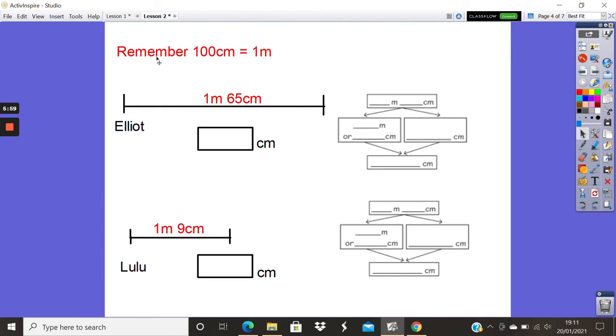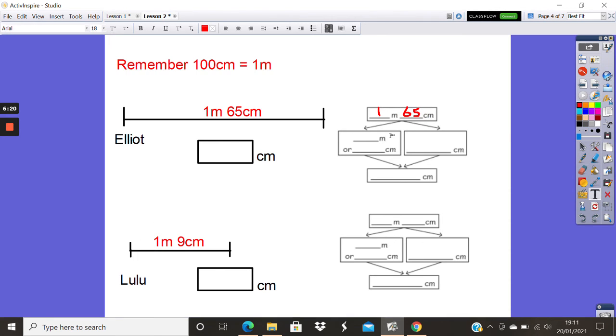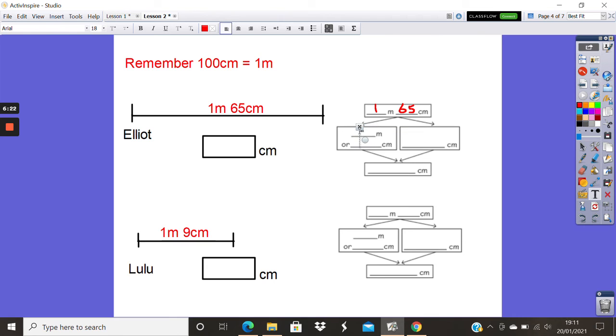So again, remember 100 centimetres equals 1 metre. So if we have 1 metre and 65 centimetres for Elliot's line, we're going to write 1 metre up here and 65 centimetres. Okay, and then we're going to partition it. So 1 metre would go here, and then 1 metre is the same as 100 centimetres.